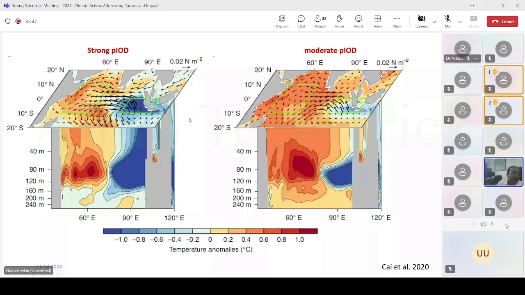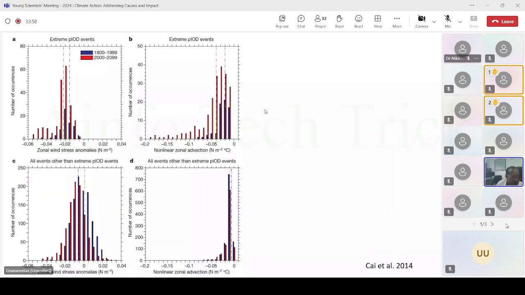And see the processes, for example the winds and the advection, the water transport, etc. The blue one is the present day, and the red one is the future for the next century. You can see the change in the easterlies compared to the previous decades. There are large changes, with much stronger easterlies in the future projections.